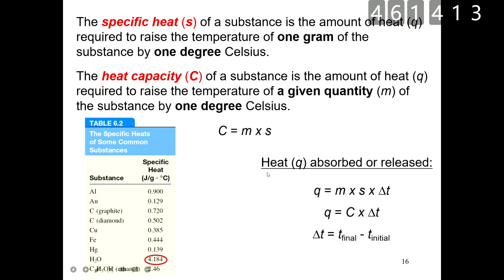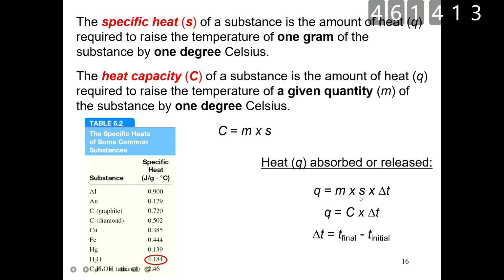And for the heat absorbed or released, Q, we can use this equation to calculate the heat absorbed or released for a substance. m is the mass of the substance, s is the specific heat.